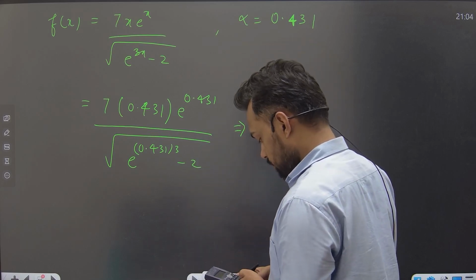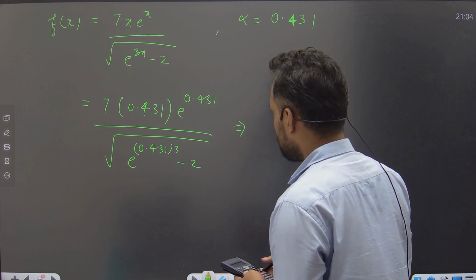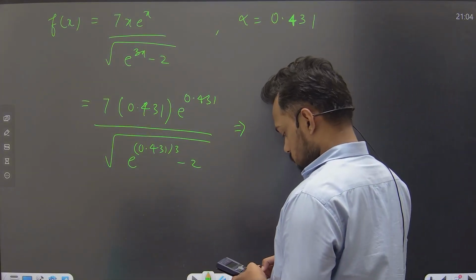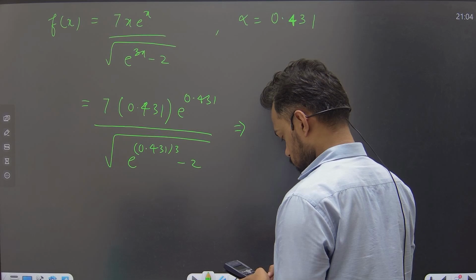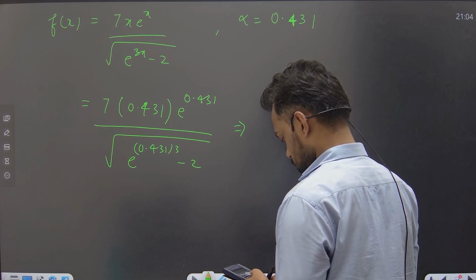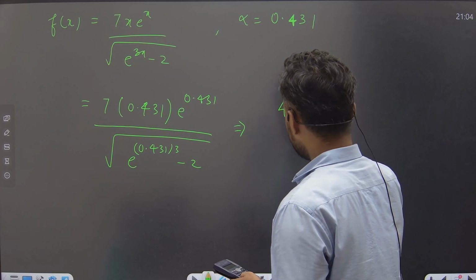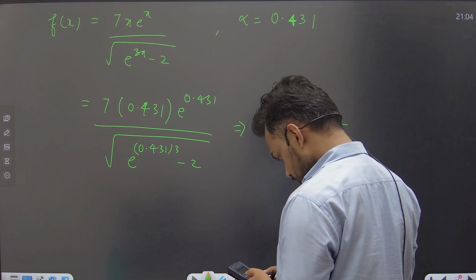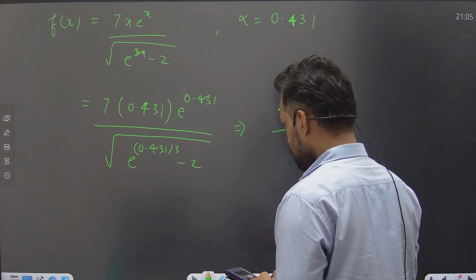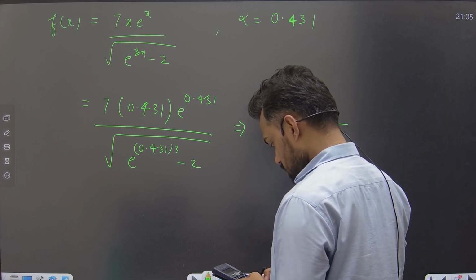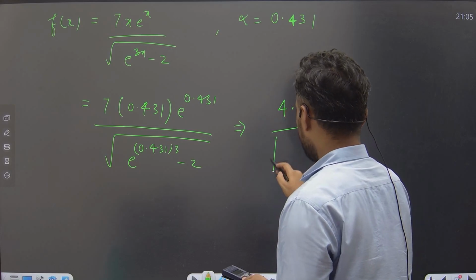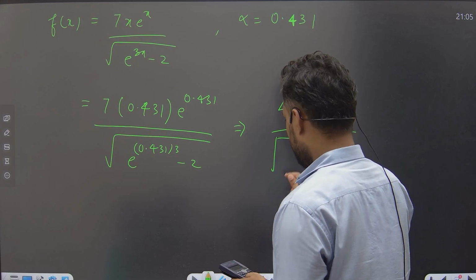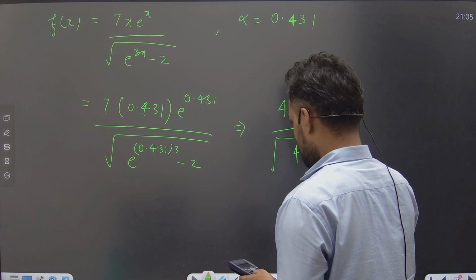7 times 0.431, okay, first. We are getting 4.642 upon root of e raised to the power 0.431 cross 3, we are getting 4.616 negative of 2.